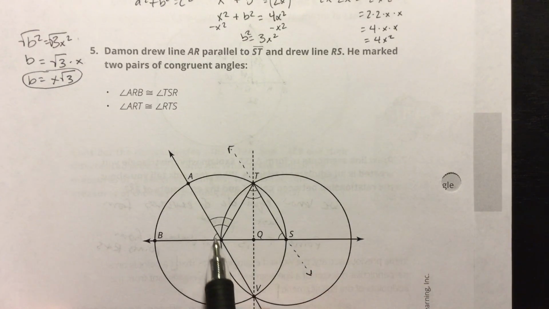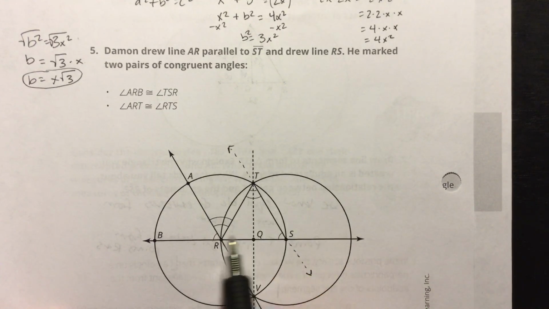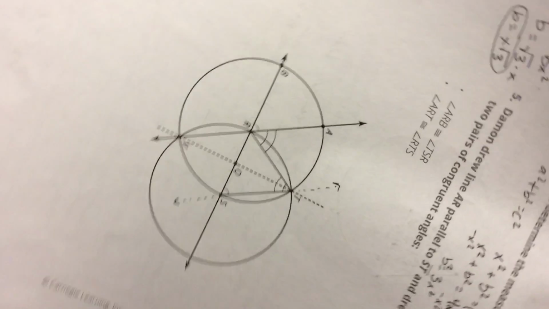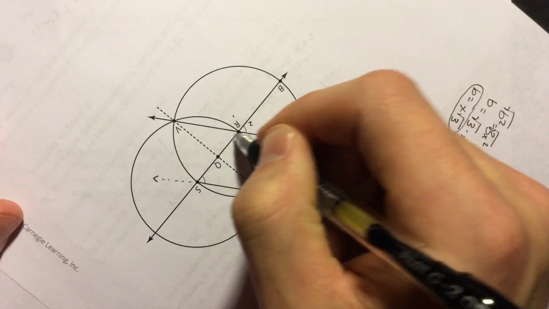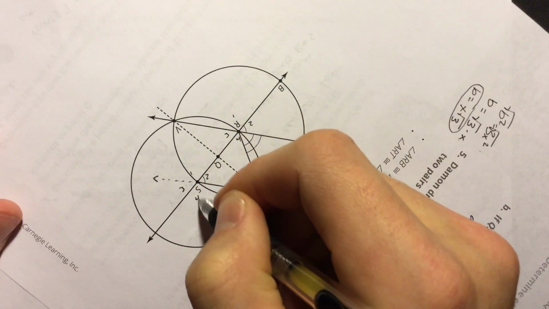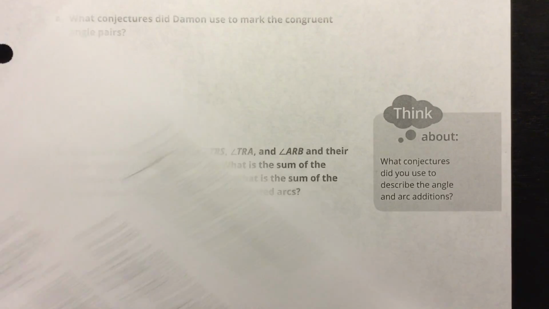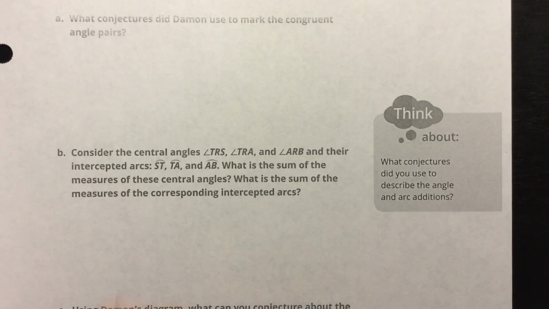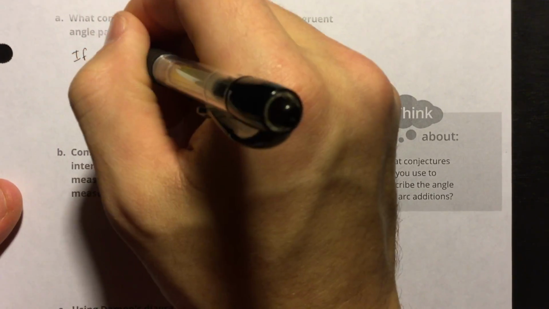So we want to look at which conjecture he used to say that angle BRA and angle RST are equal, right? So maybe if I rotate my paper this way, it'll be easier to see. Here's my parallel lines. Remember what we were talking about earlier? If I were to label all of these angles, right? Something about corresponding angles. So his conjecture that he used would have been the same one that we started with. If 2, and then I'm going to use a lot of symbols here.